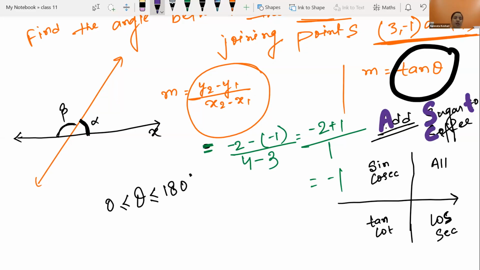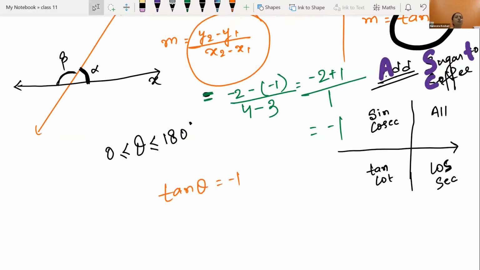Yes, ma'am. Okay, if tan theta is coming out as -1, that means it is more than 90, because 0 to 90 you have already learned from the trigonometric table, and it was not -1. And here also we can see tan is negative, that means theta will not be in the first quadrant. Why?